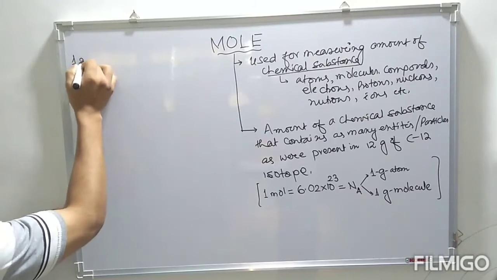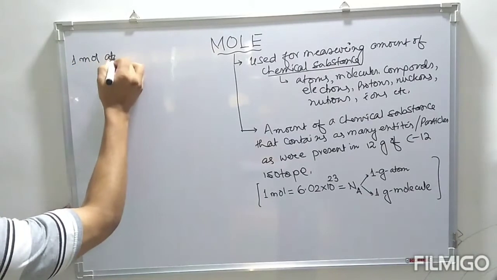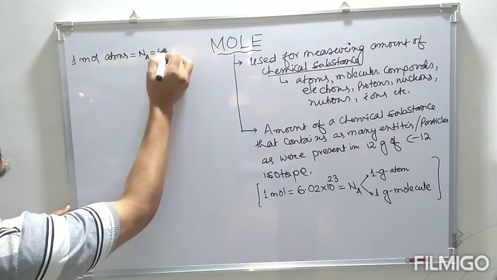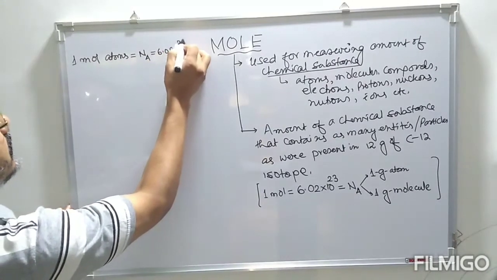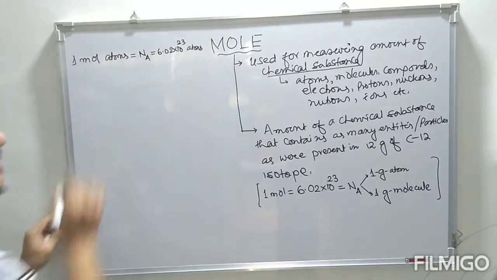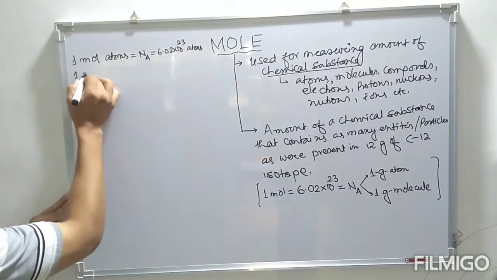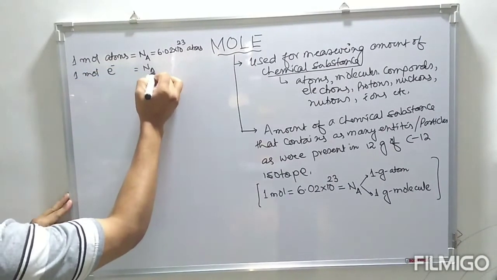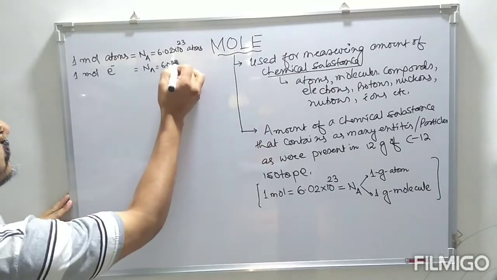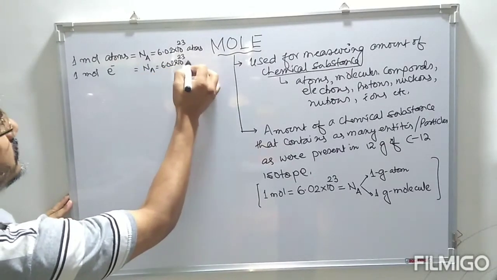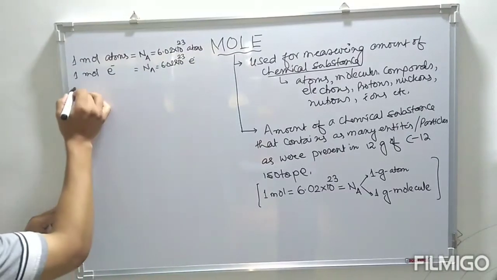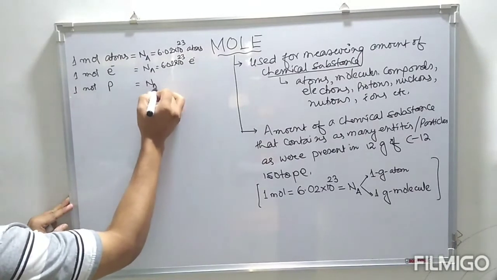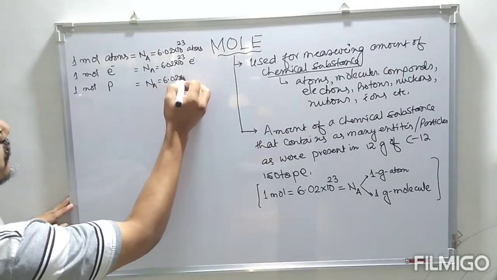When I say 1 mole atom, it contains Avogadro number, 6.02 × 10^23 atoms. When I say 1 mole electron, it also means Avogadro number, 6.02 × 10^23 electrons. When I say 1 mole proton, it also means Avogadro number of protons.